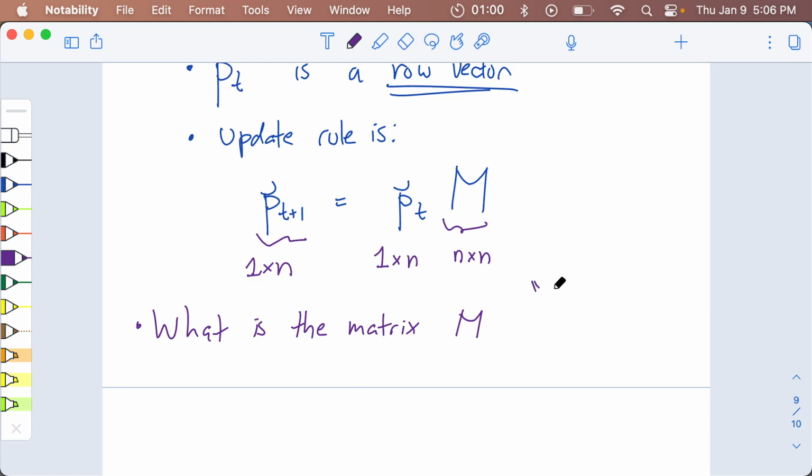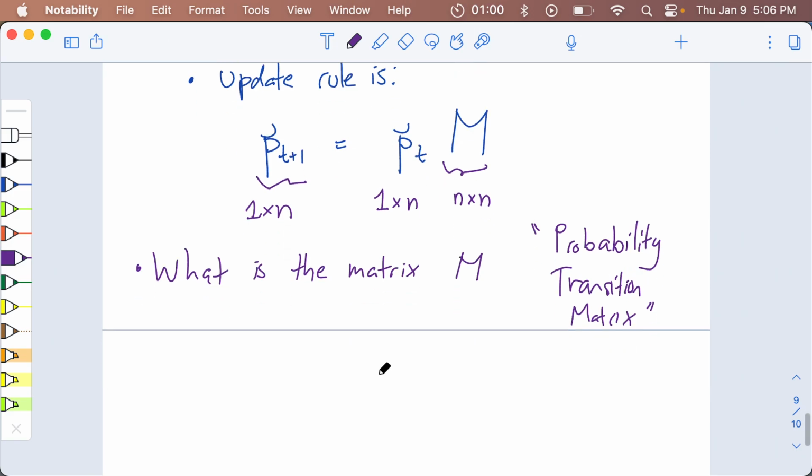It is called the probability transition matrix, or sometimes just the transition matrix. And I'm going to use the notation from the textbook that we're sort of vaguely following. They also call it P. M stands for matrix, but M equals P, capital P. I'll go with P to match the textbook notation.